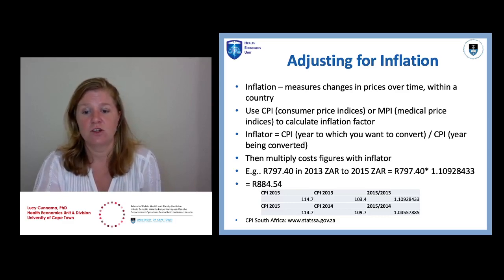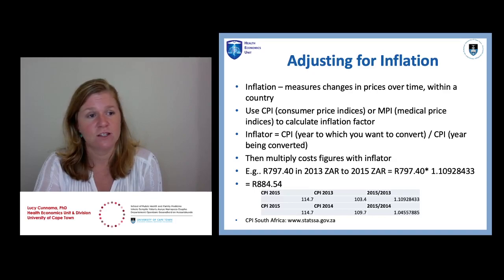So inflation measures the change in prices over time within a country, and in South Africa, where we're based, we find that inflation does affect us. In other countries, it doesn't necessarily affect the country so much, and in countries like Zimbabwe, inflation is quite huge.